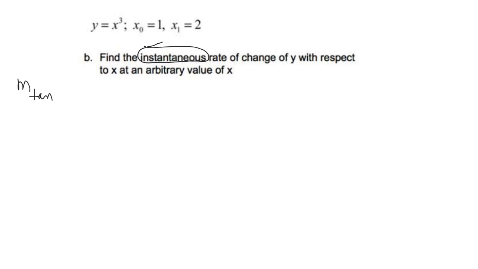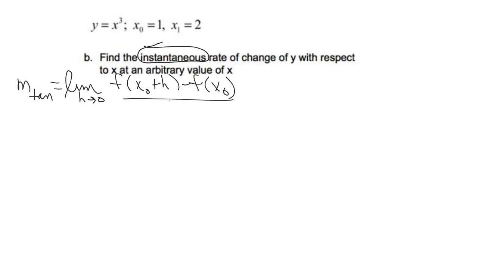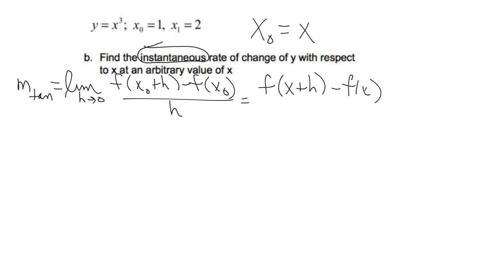So this is going to be the limit as h approaches 0 of f of x sub 0 plus h minus f of x sub 0 over h. We plug in x everywhere we see an x sub 0, so this is f of x plus h minus f of x over h.